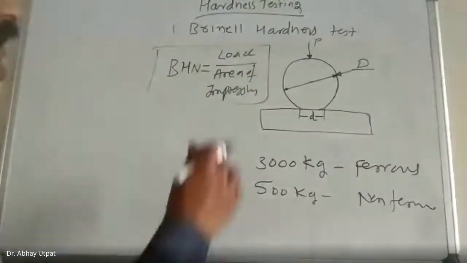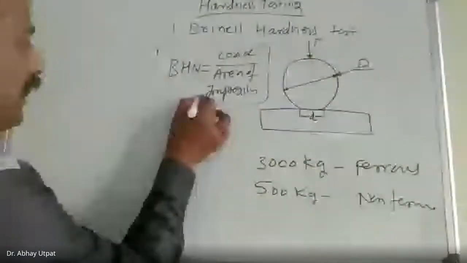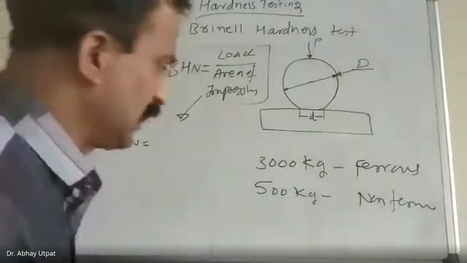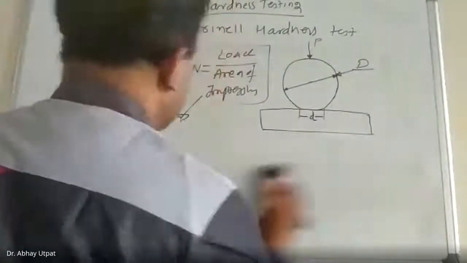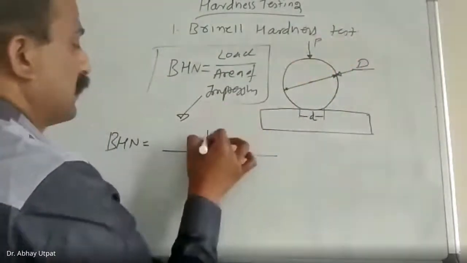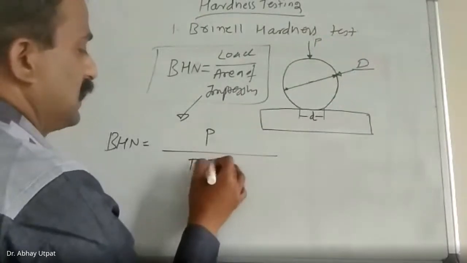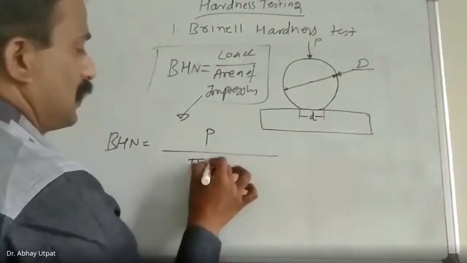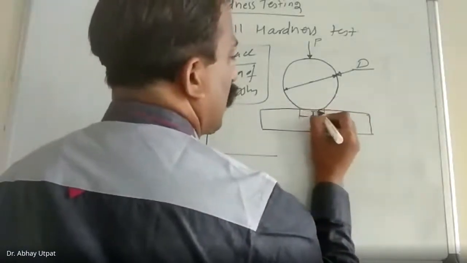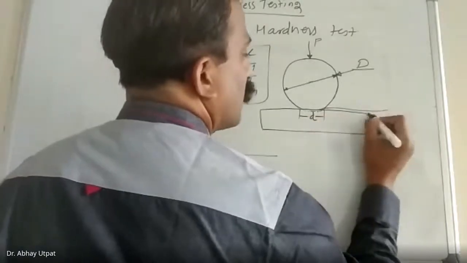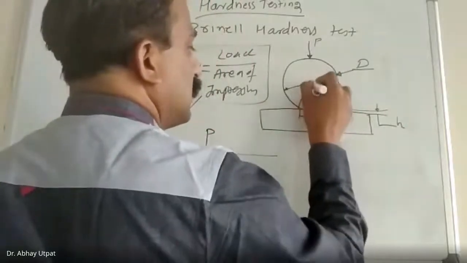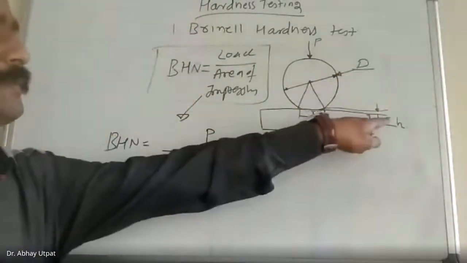Now this area of impression pi d h is calculated, and it is further modified. We are not going to see the derivation, which is not asked in the exam. Directly, load we know, that is P, upon area of impression, pi into small d into h. h is nothing but this much height. It is very small. By using trigonometric formulas, this value of h is calculated.